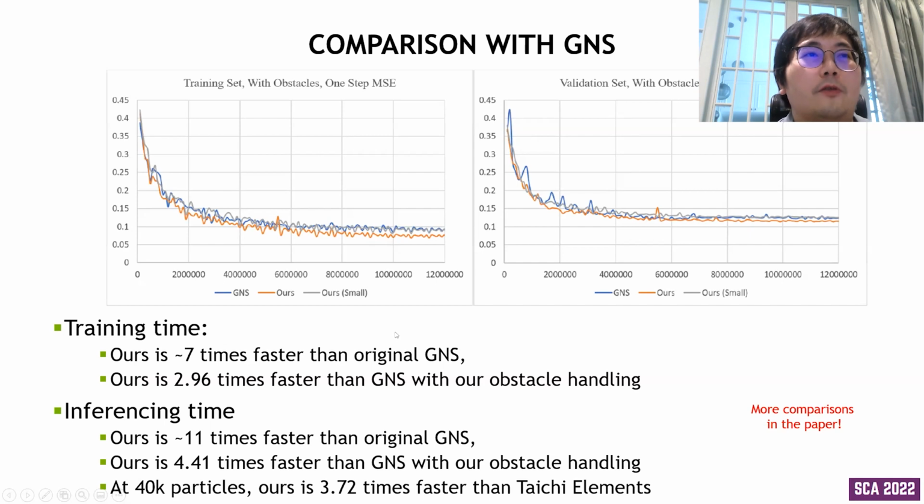If we don't use ghost particles and use the obstacle handling like ours, our method is still about 3 times faster. For inference, we are about 11 times faster, and with the obstacle handling, our method is still 4.4 times faster than GNS. And at 40K particles, our method is 3.7 times faster than Taichi Element. More comparison can be found in the paper.